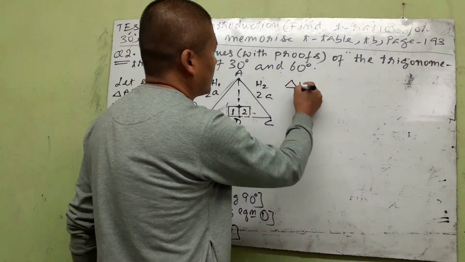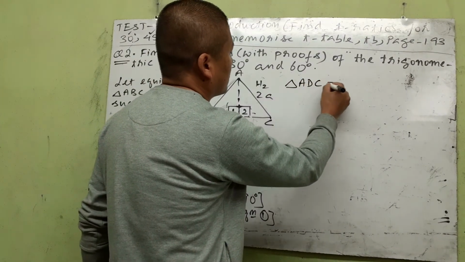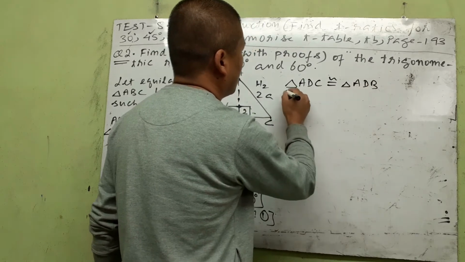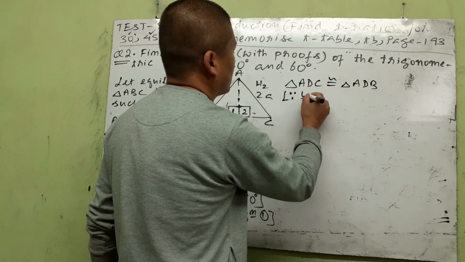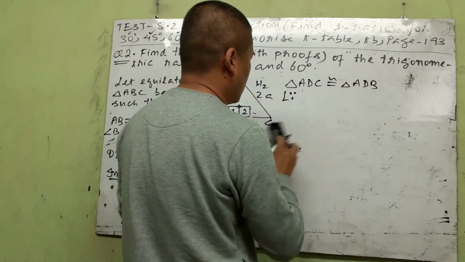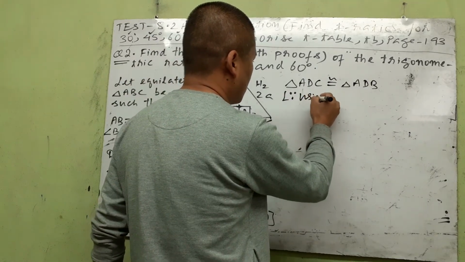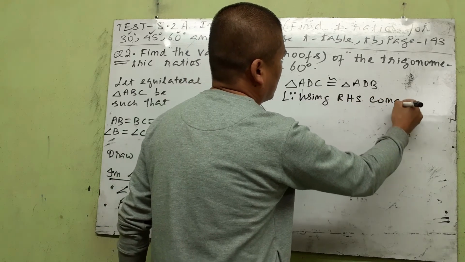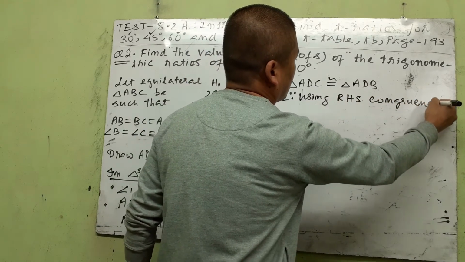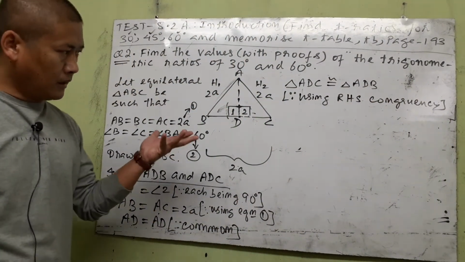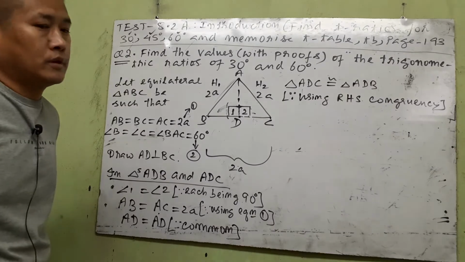So we write triangle ADC congruent to triangle ADB by the congruency condition called RHS congruency condition for triangle. RHS tells us that in such a case the two triangles are congruent.